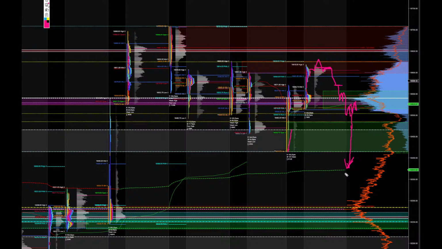Monthly VWAP's at 183.72. Now, like I said, this could stop here and bounce. Super weak is going down to that most traded price of the year, most traded price of the month, 182.50. That's really what I'm looking at.